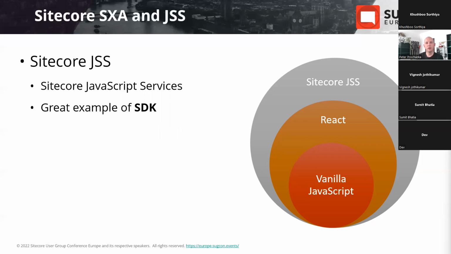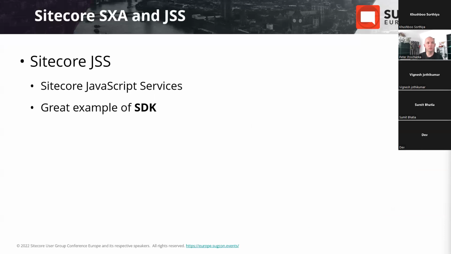You also have Sitecore headless services that you need to install on top of Sitecore, something similar to what you have with SXA. But in general, I would say it's an SDK, because what you do is install some NPM packages on your machine, then run some commands, and you can start building your JSS project with a language or a library that you would like to choose.